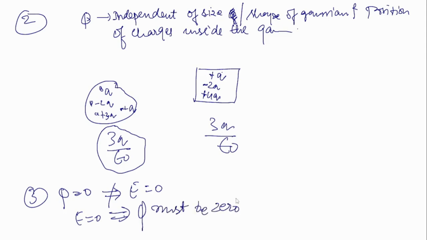Means if the electric field is 0, then flux will automatically be 0, but if flux is 0, then the electric field may or may not be 0. So this was all about the basic introduction to Gauss law.